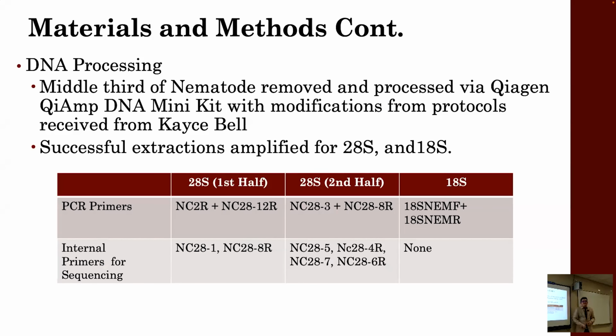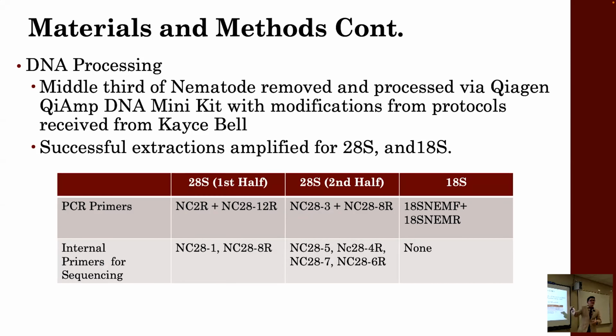With those worms, I then used a specialized extraction protocol that used a QIAGEN QIAamp DNA Mini Kit with some modifications, because we were working with very small amounts of DNA, at the recommendation from a procedure we got from a friend and colleague, Casey Bell. In this procedure, we were capable of just chopping the nematode into thirds.